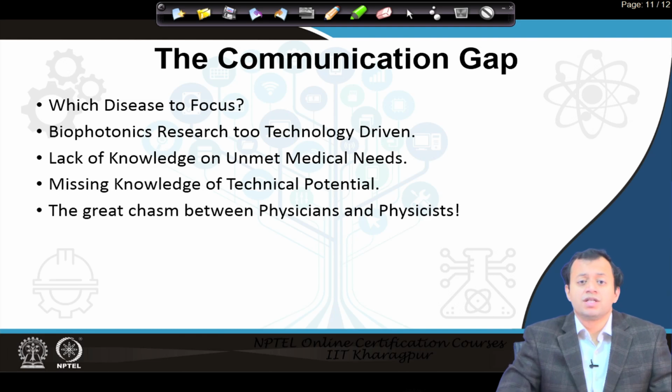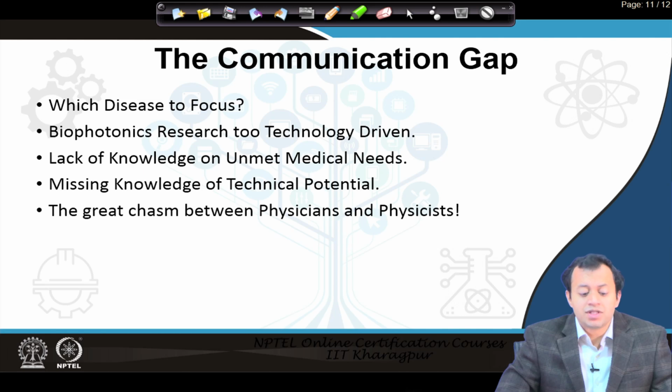Some of biophotonics research are too much technology driven. We need something very, very user friendly, so that minimally trained person, like I said, the home pregnancy detection kit as an example, anybody can utilize at the privacy of their own home. What is the point of having a technology that requires 5 different people to interpret the results?